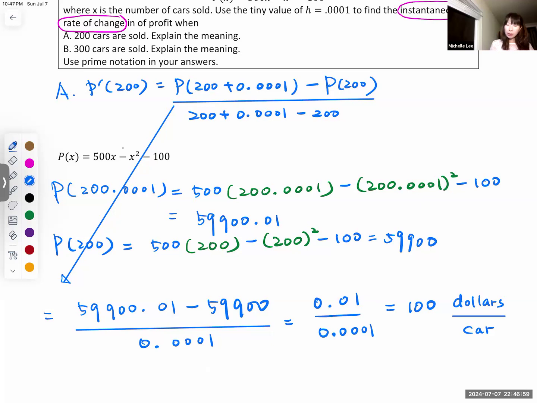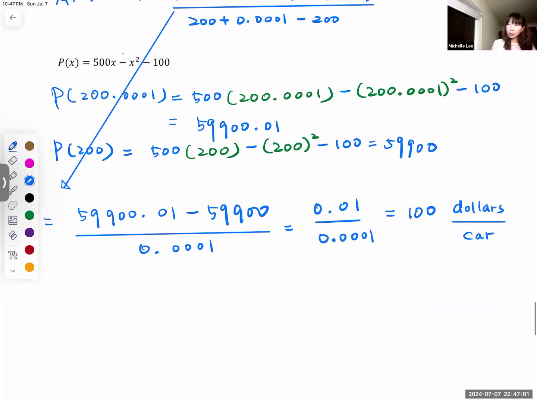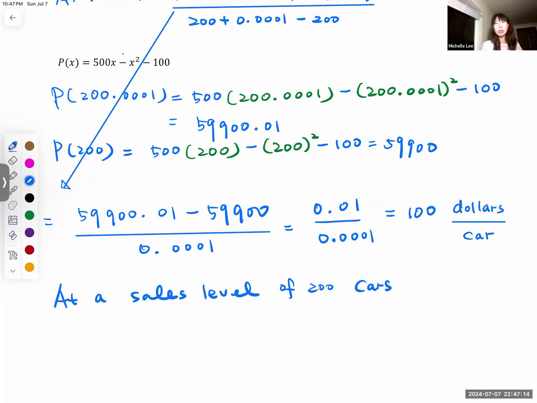Okay, so explain the meaning. So at a sales level of 200 cars, they sold 200 cars. And this is a profit function, right?